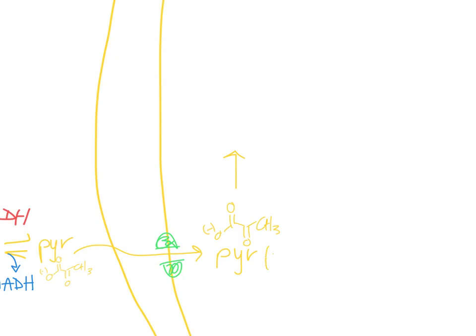And if you remember, pyruvate has 3 carbons. Oxaloacetate has 4. So that means that we're adding a bicarbonate, which is sort of the equivalent of a CO2. So we need to add a bicarbonate here because we're going to get an extra carbon added on. So here's the carbons from pyruvate. Oxaloacetate just has an extra carbon, and it's in the form of a carboxylate.